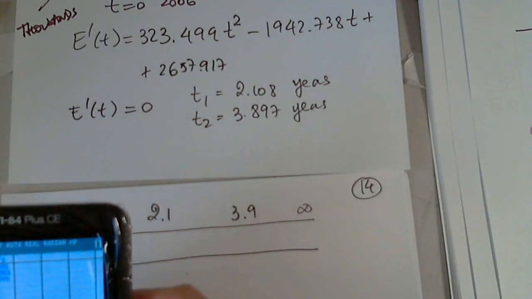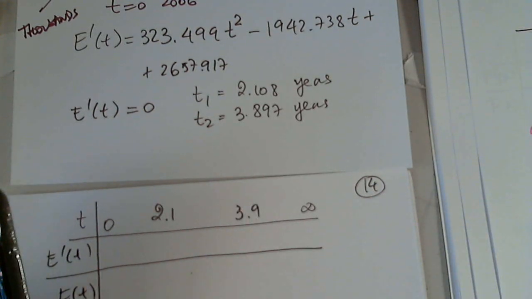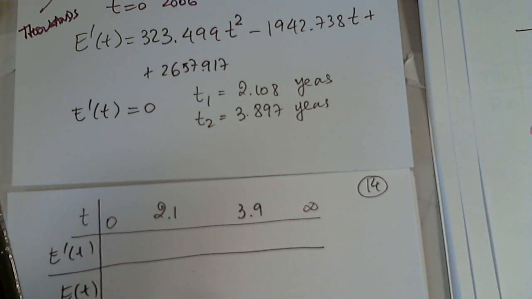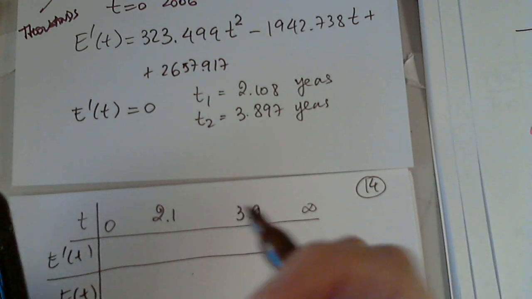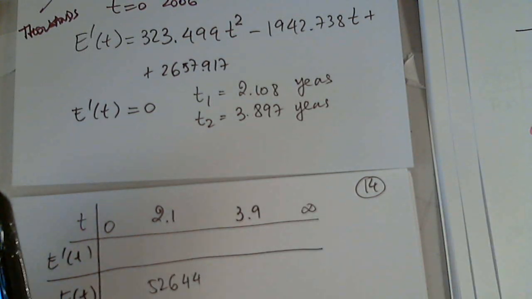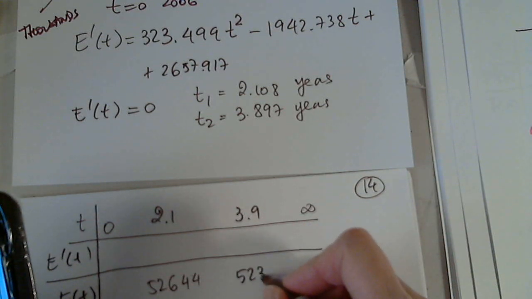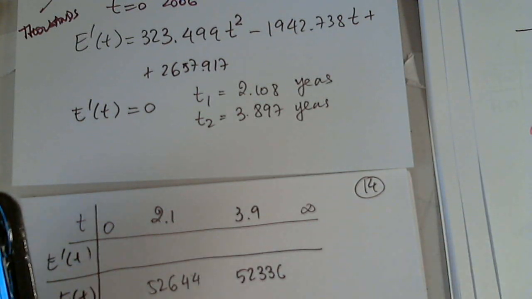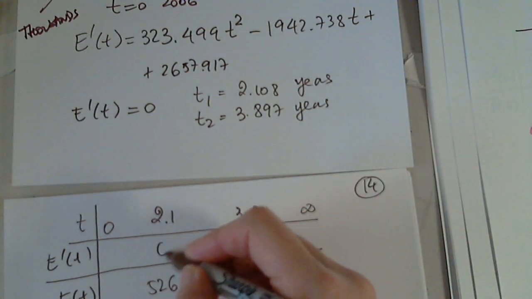And now second and plug in. I'm plugging in 2.1 and I'm plugging in 3.9. Okay. So let's see what I got. I got for 2.1, 52,644, and for 3.9 I got 52,336. Okay. 0 here and 0 here.